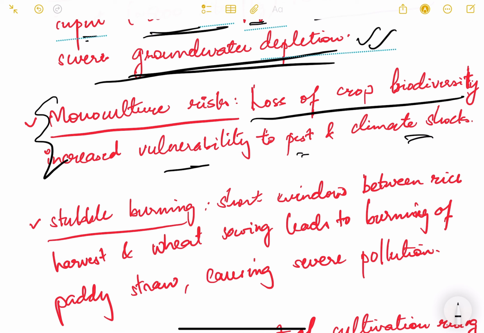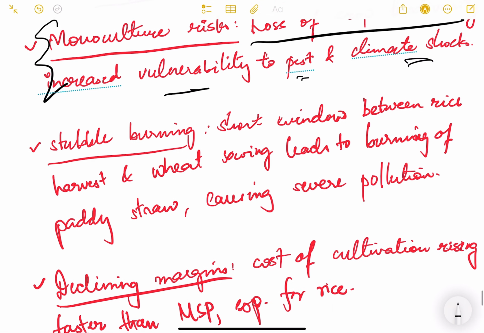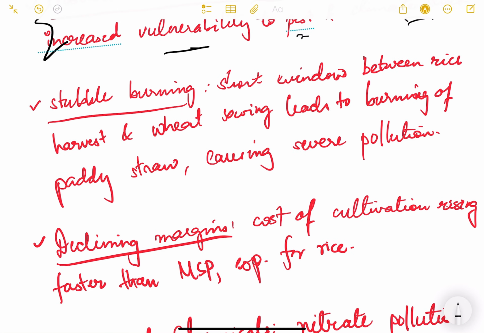Those who are into biology and microbiology know that if there is monoculture, with only a single crop, vulnerability to pest attack increases, and also to climate shocks, because if the crop gets damaged, the entire village, district, or state will suffer. Then stubble burning, another problem.